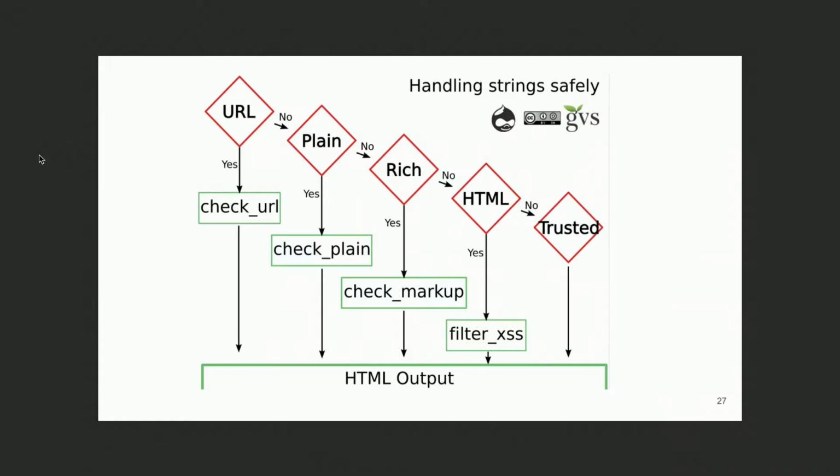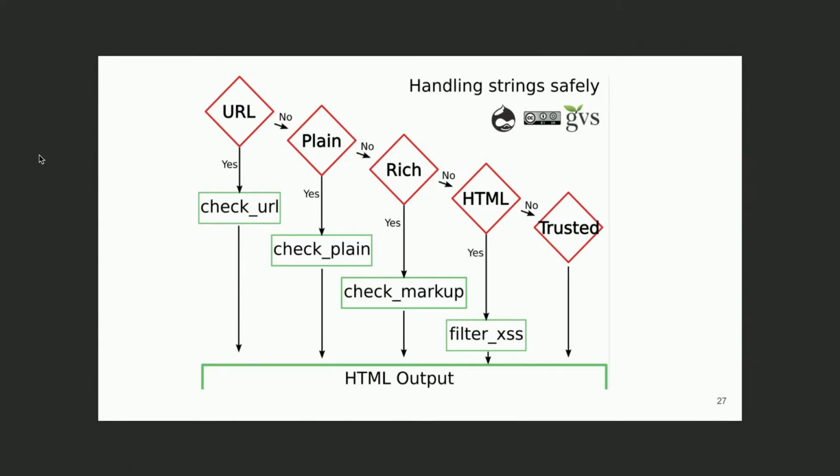We can validate them and make sure they are not, let's say, a script protocol or some protocol we don't want. They could be only the HTTPS protocol. Then we have plain text. So we can call check plain, or an equivalent escape function in Drupal 8. There should be no HTML tags in that text at all after it's escaped.